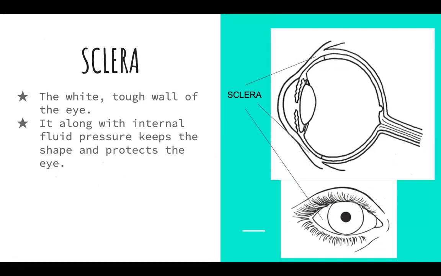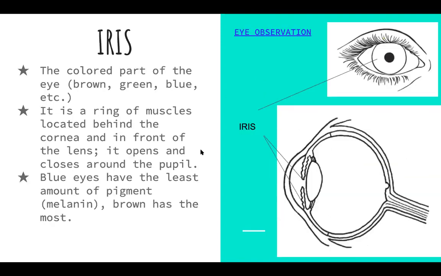Actually the cornea is up in this area here, but your sclera is going to go all the way back here, and then all the way out back in here. Think about if you've ever seen an eyeball, it's white all the way around it. That's all the sclera, that tough wall.